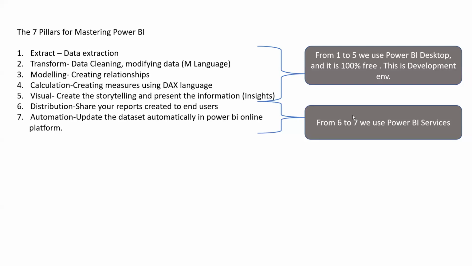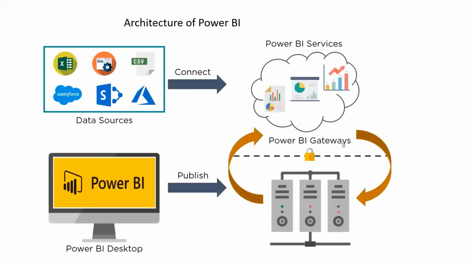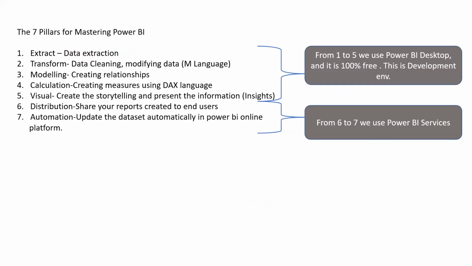Can someone please respond? Power BI gateways, or gateway connections. Okay. So with the help of Power BI gateway management, we are going to automate it. We are going to schedule the report as per the business needs. The data automation we are going to do by using gateway management connections.